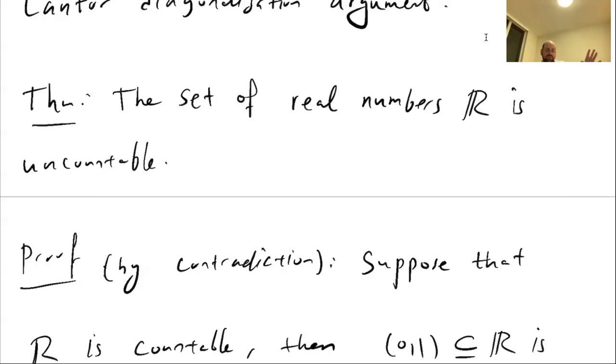I know that the cardinality of R is bigger than the cardinality of N, and the cardinality of 0 to 1 is bigger than the cardinality of N. But what about R and 0 to 1 compared with each other? Do you think R has bigger cardinality than 0 to 1? Or do you think the cardinalities are the same? The answer is their cardinalities are the same.